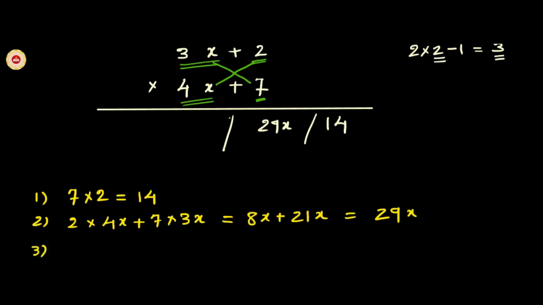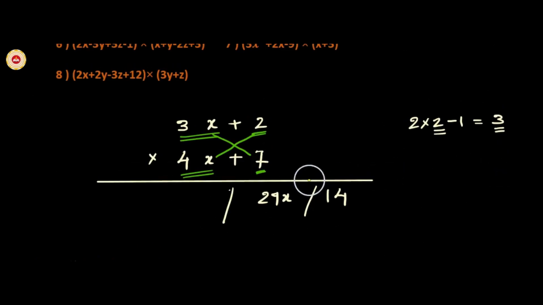Third step: now the exclusion phase will begin. Now friends, we have covered these two columns. Now exclude the first column and consider the second column only, the last column.